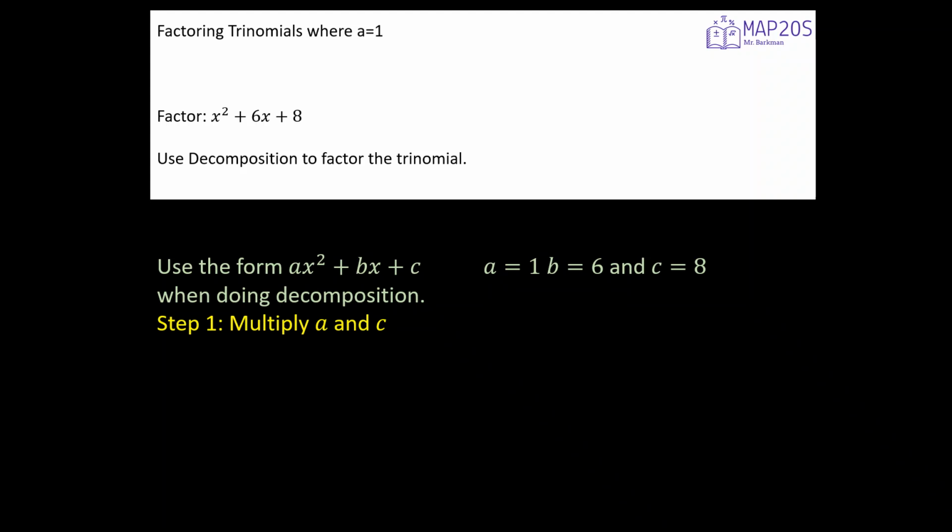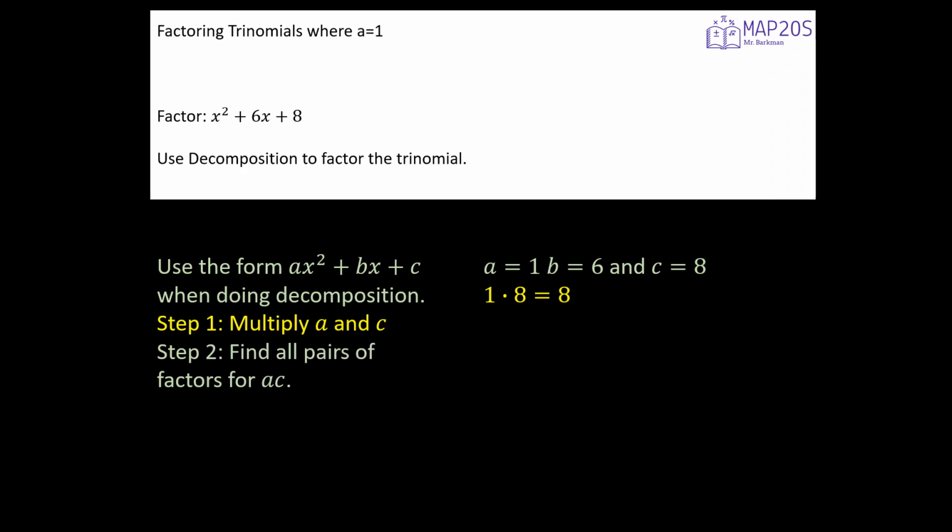We already determined that a is 1 and c is 8, and so 1 times 8 is equal to 8. That's the key number that we're going to look at. Again, when a is 1, it's just going to be what c is, so that's a bit of an easier method there.